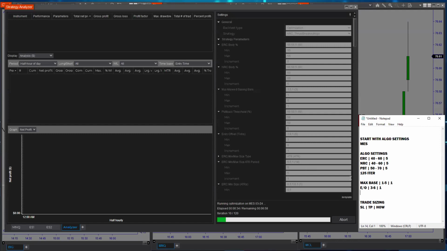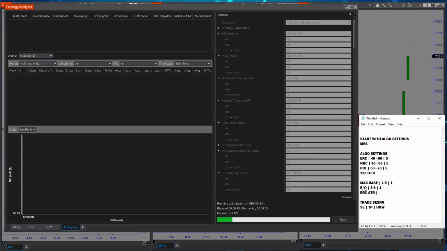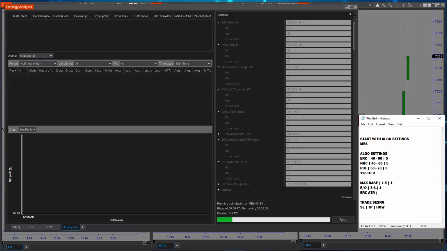And then we did ERC minimum ATR, and this was 0.5 to 1. And we're going by 0.1. And yes, this is a 3-minute. Make note of that. Okay. This is giving me another 120 iterations.